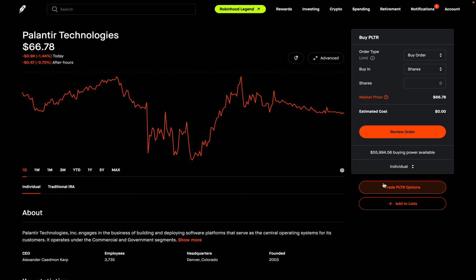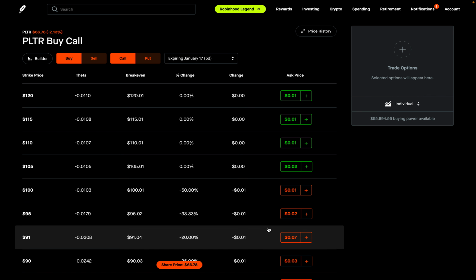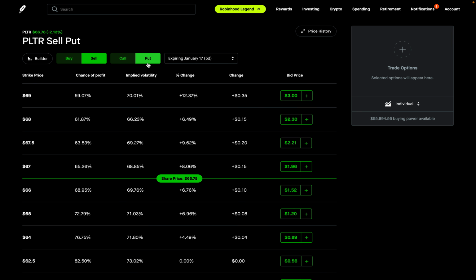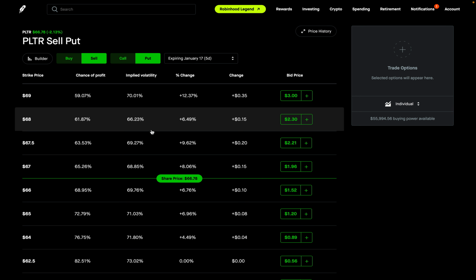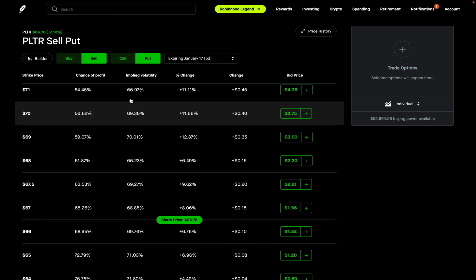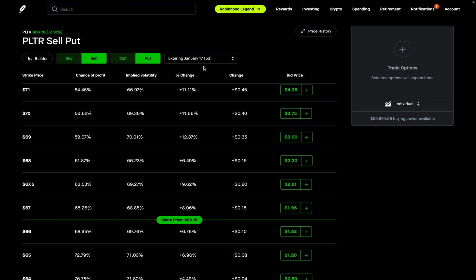Now let's go into the options here for Palantir. I'm not currently selling cash secured puts on this stock, but for today's demo, let's pretend that I did sell a cash secured put on Palantir. Let's say I sold the put at the $70 strike, expiring January 17th.